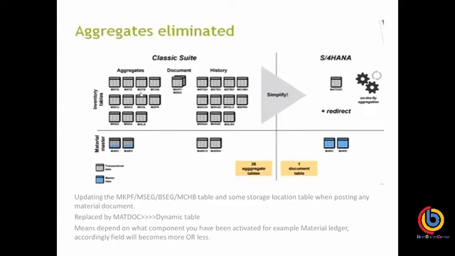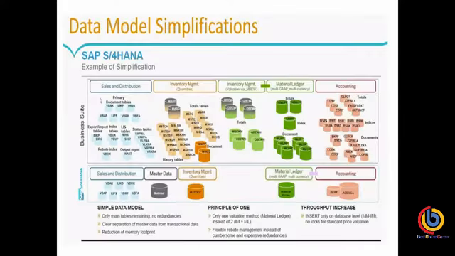If I am talking about the data model simplification, this is one of the slides giving the simplification of S/4HANA. When we run any kind of sales transaction in SD, the inventory gets updated. And the material ledger, here you can see the material ledger gets updated. Then we can see the accounting document will get affected. So this screen basically shows what was there earlier in our traditional system.